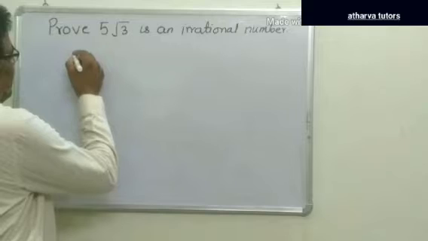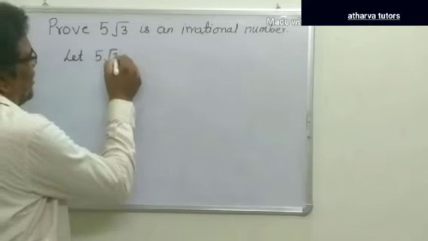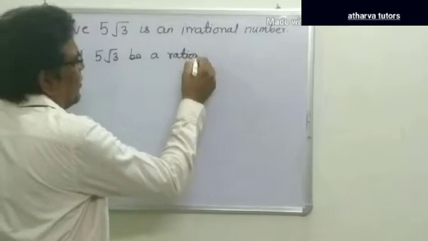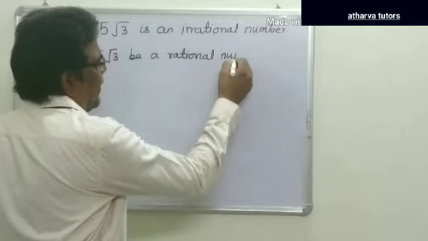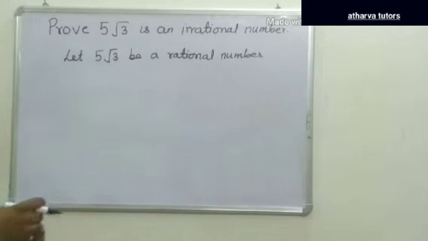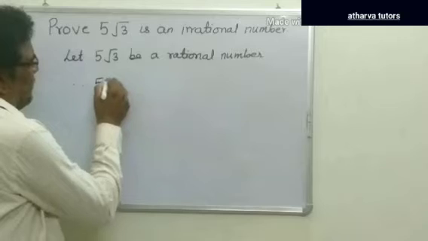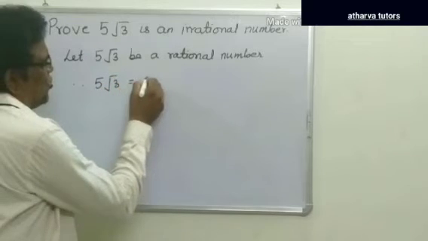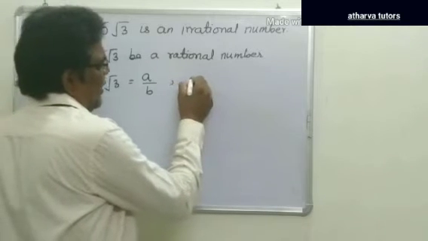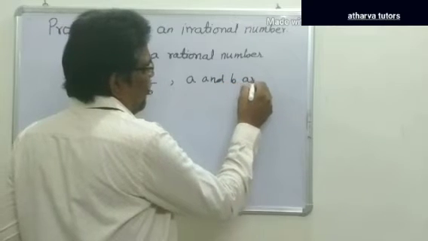So we will write, let 5 root 3 be a rational number. Now, if 5 root 3 is a rational number, then this can be written as, therefore, 5 root 3 equals A upon B, where A and B are co-primes.